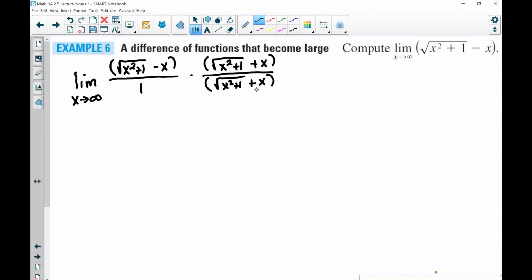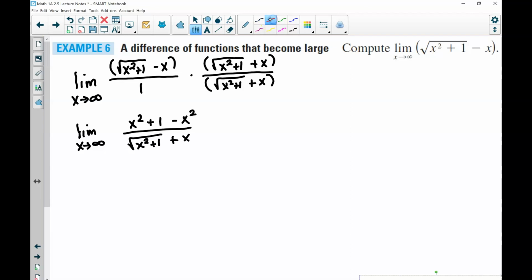Okay, so now let's go ahead and multiply. When we multiply the numerator, we will see that this represents a difference of squares. So what's left when you multiply those two together is going to be x squared plus 1, minus x squared, over the denominator of the square root of x squared plus 1 plus x.